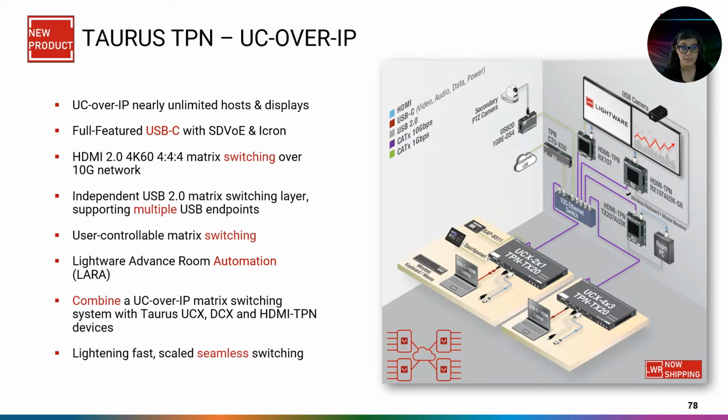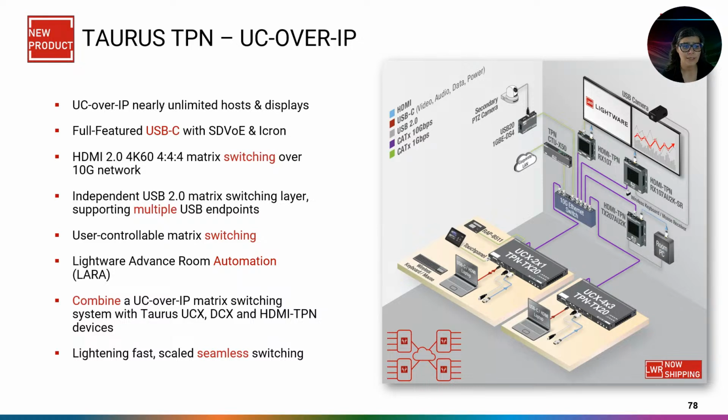But with our TPN, again, you're going to be able to do almost unlimited hosts and displays. You're going to be able to do all that USB-C stuff that we've talked about using that SDVoE and our Icron chips that are in our devices. With the TPN right now, you're going to be able to do USB 2.0, and you can still get that 4K 4:4:4, but it does not have the 3.x right now at this time, but the 3.x is coming down the line.